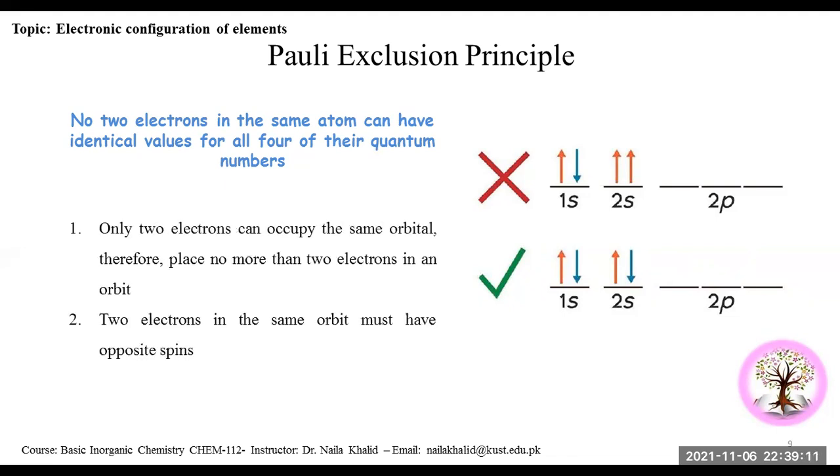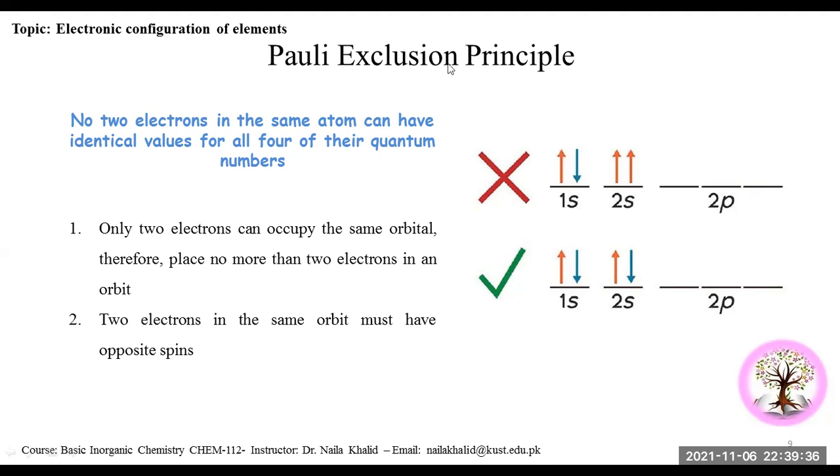So here is an example. If we have 1s, you can write it in this way because the spin is opposite. If you write it in this way, the spin is parallel. It means they have the same spin quantum number along with the other three quantum numbers, so it is not written in this way.